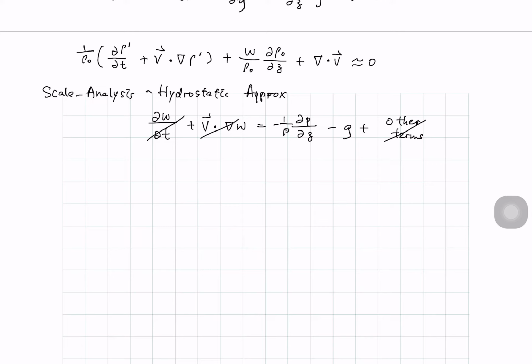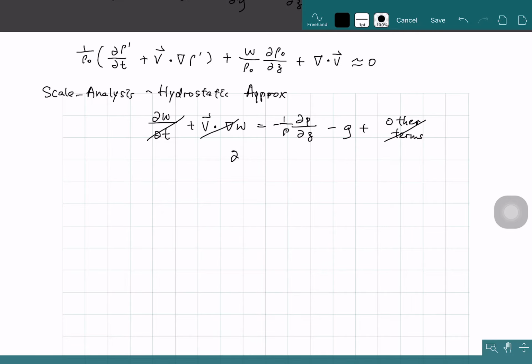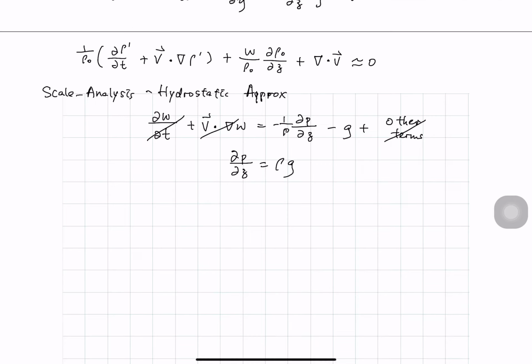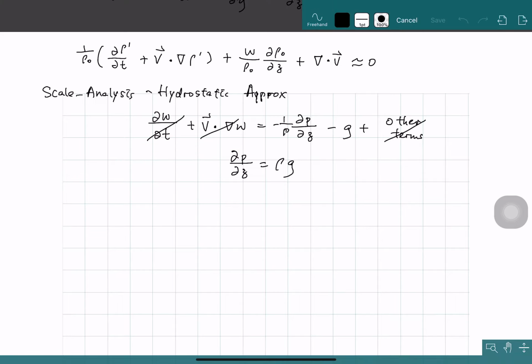Okay, so this is how we arrive at this. Okay, if we separate the pressure again into two terms, again, oh sorry, P.